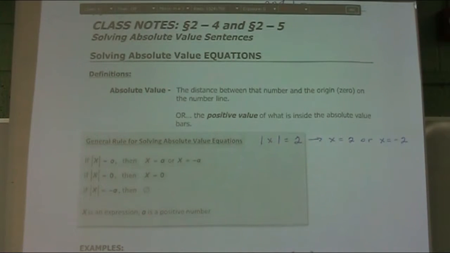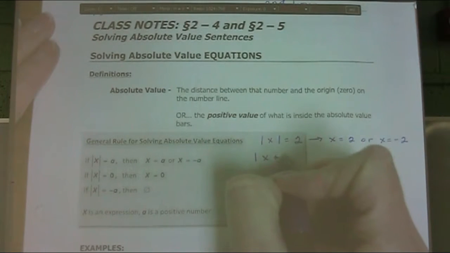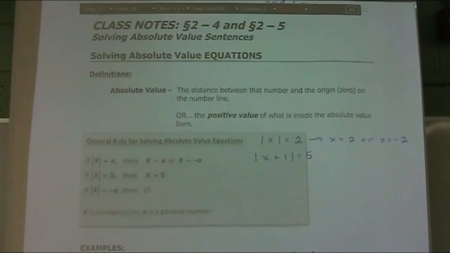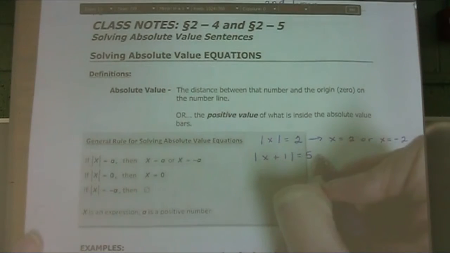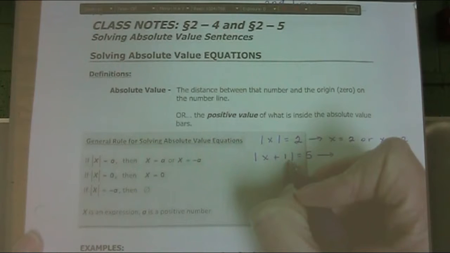All right, let's try one that's maybe a little bit more complicated. So let's do this. Absolute value of x plus 1 equals 5. Can you see what x could be? 4. 4 will work. So 4 plus 1 is 5, and the absolute value of 5 is 5.